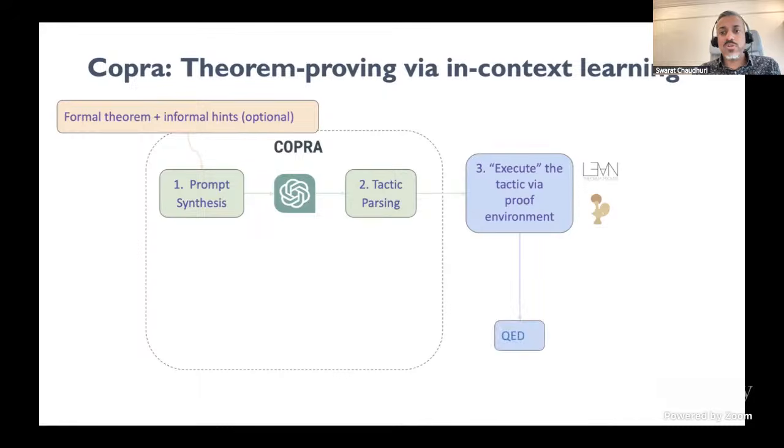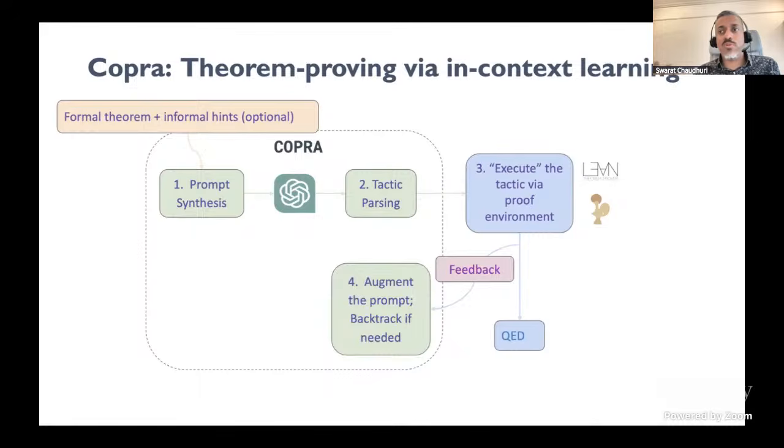And then after you do that, in the lucky case, you already hit QED, and this is all done. But if you fail, if this tactic is invalid, or there are still some open goals that you still need to resolve, in that case, you get some feedback, and then you augment the prompt, and then backtrack if needed.